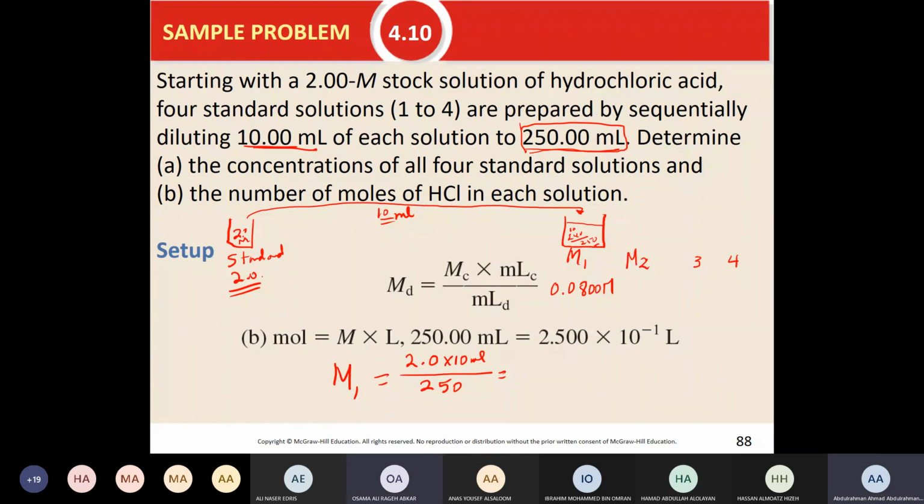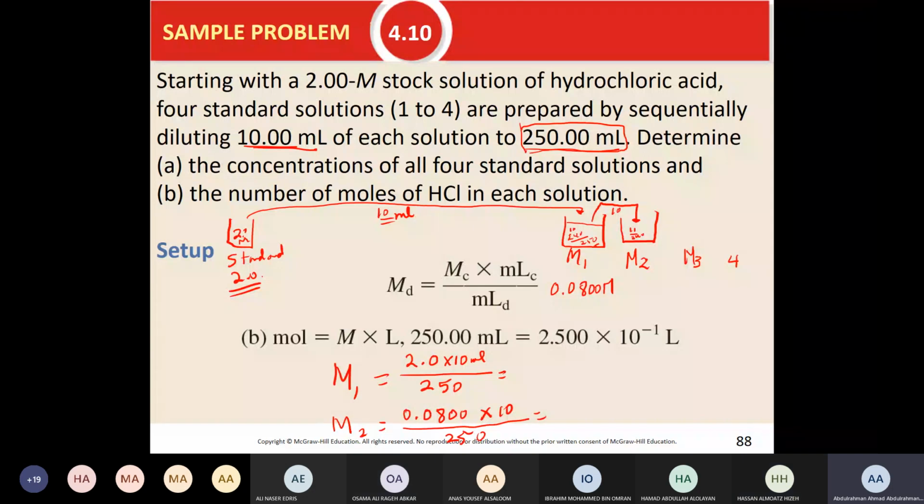Yes. Now, I took 10 milliliter of this one and put it here and add 240. 10 plus 240. What is M2? M2 will be equal to what in this case? I will take the new concentration, which is 0.0800 molar, times 10 milliliter, divided by 250.